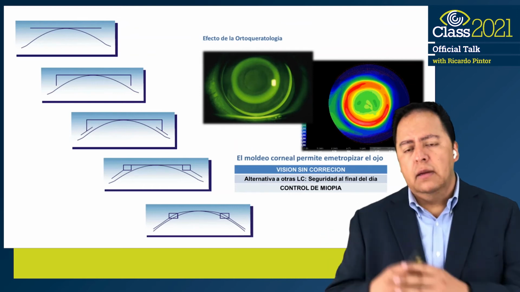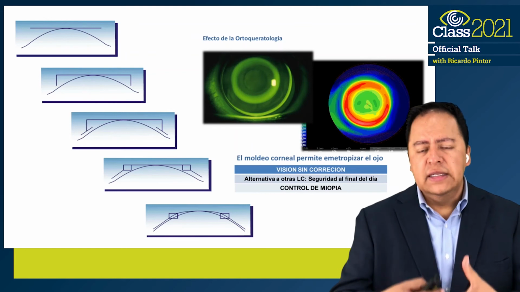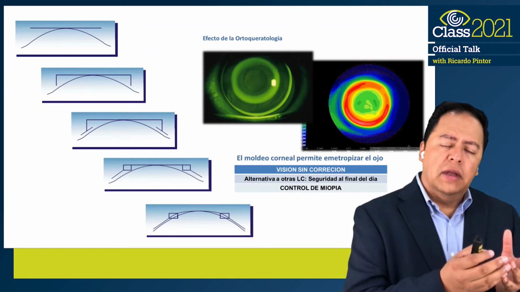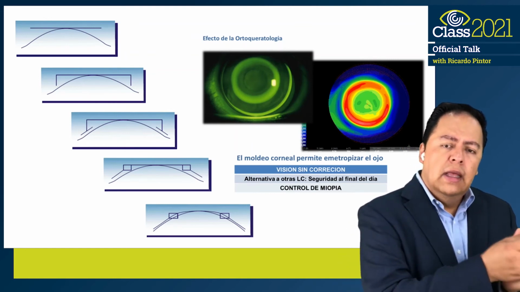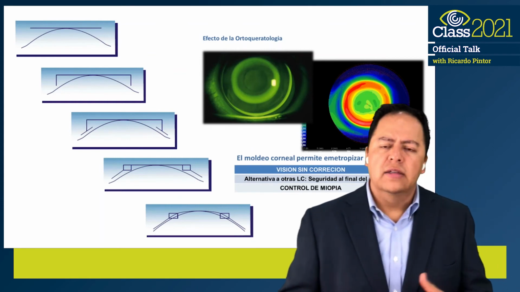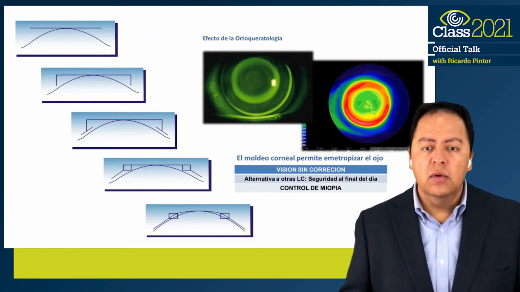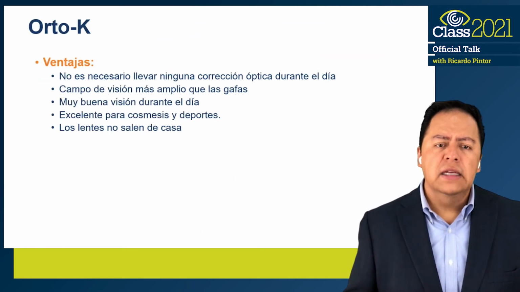When we see a fluorogram of this type, we can see that the topography achieves that type of ring, and we are molding it on the cornea, so that during the day it is going to have this effect and achieves this vision.